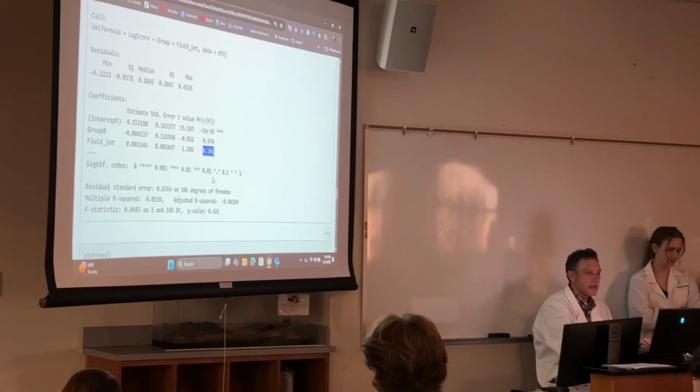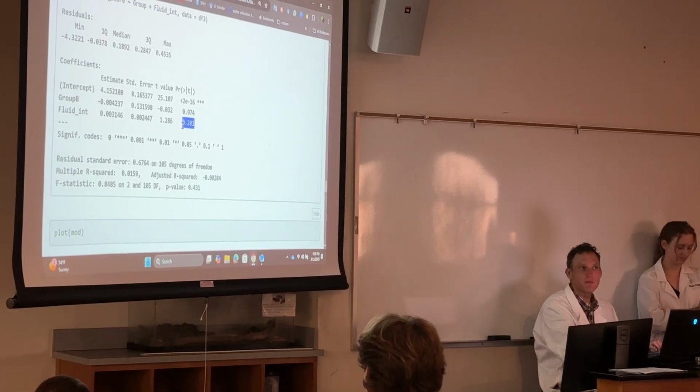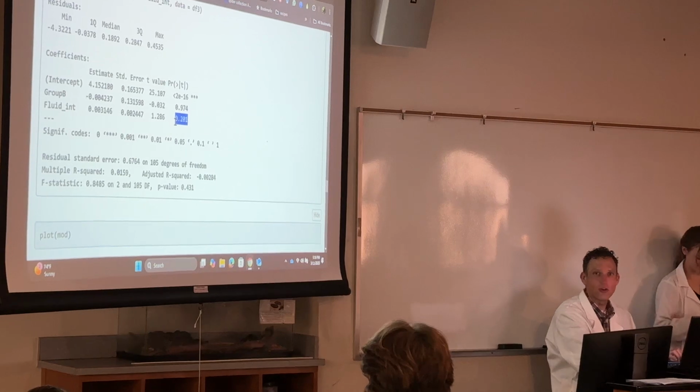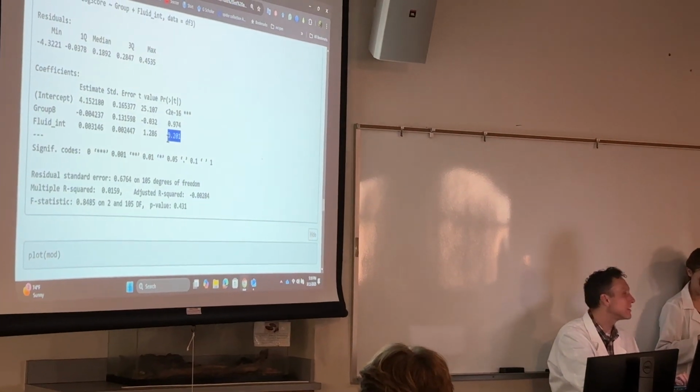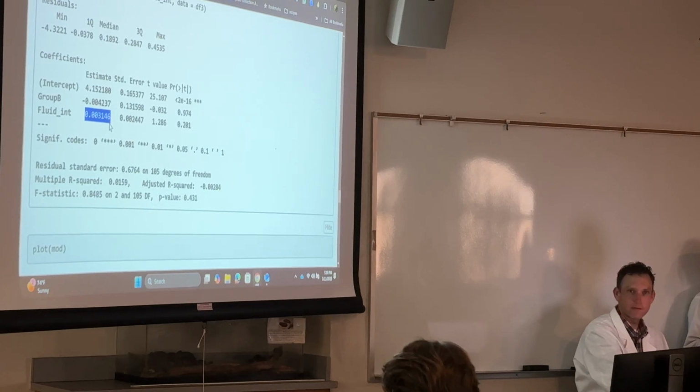Now, we talked about previously that p-value is not sufficient by itself. I don't want to end at p-value. The thing that I also want to add to p-value is effect size. The estimate is a measure of effect.